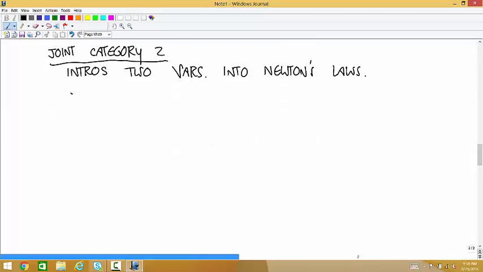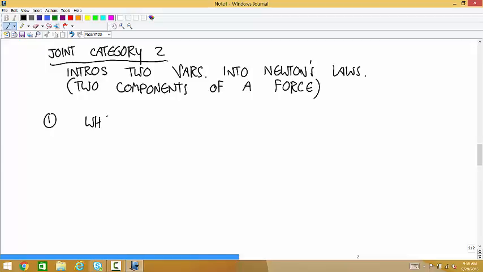These are going to be 2 components of a force. And so this joint is a wheel with a preferred direction. So now this is making the distinction between a ball, roller, and a wheel.